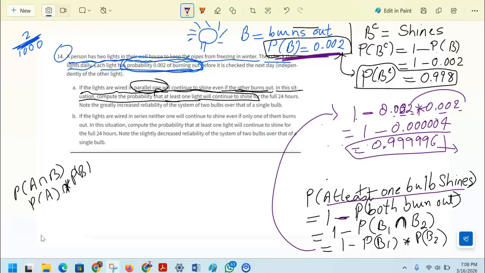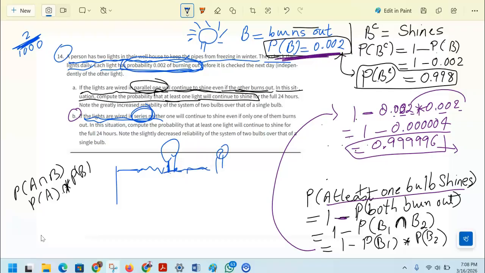Let's see the second question. The second question says the lights are wired in series. Now what does it mean? It means instead of parallel, the series basically means this is the bulb, and then the same wire connects to another bulb.